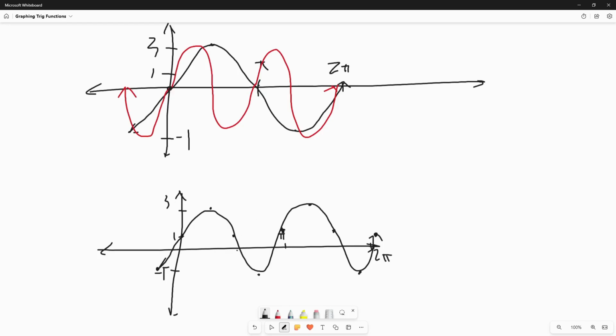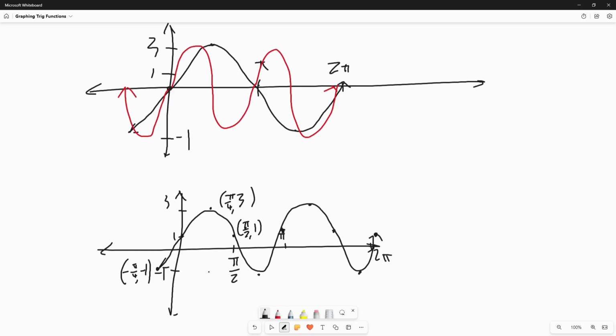Some points are pi over 2, so this would be pi over 2 comma 1. This would be pi over 4 comma 3. This would be negative pi over 4 comma -1. Those are just some points. You can calculate the rest.